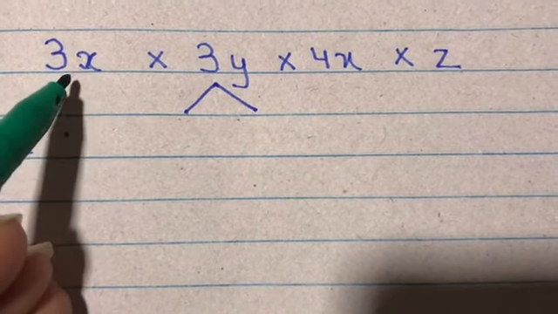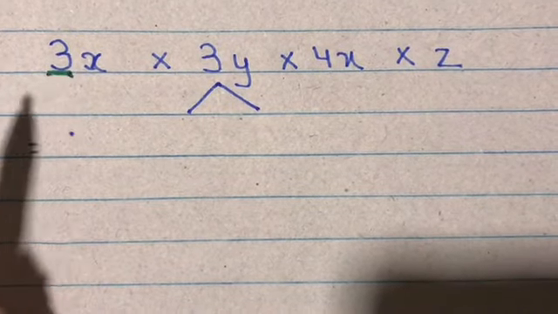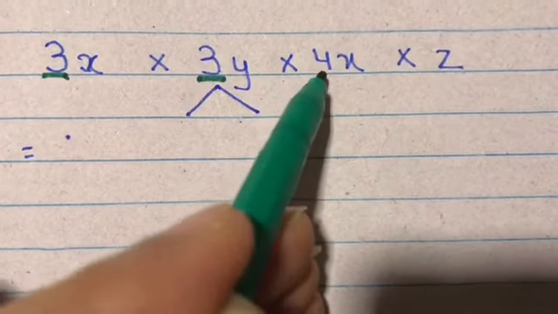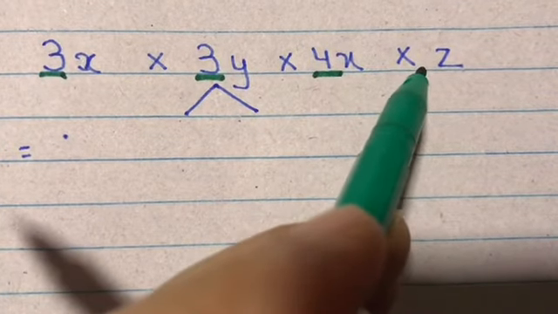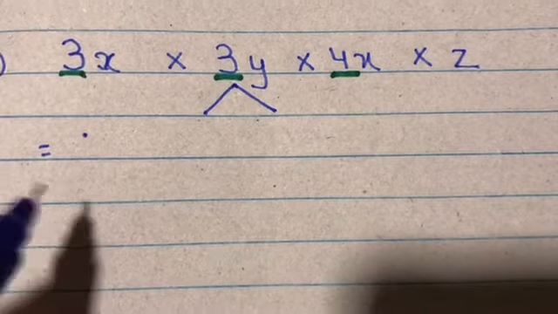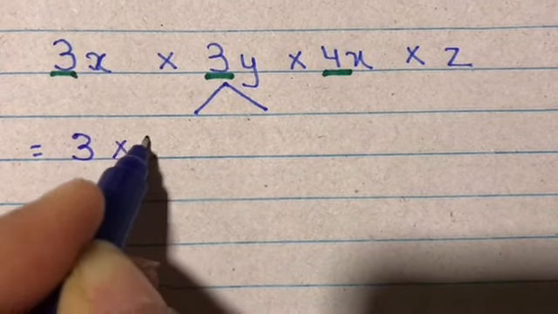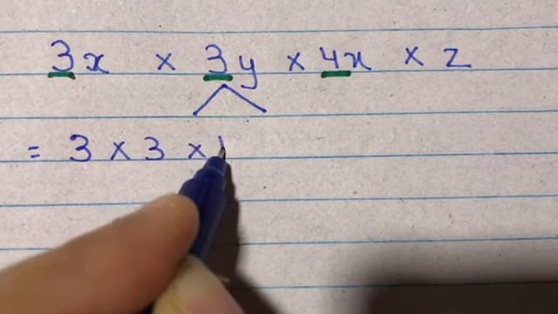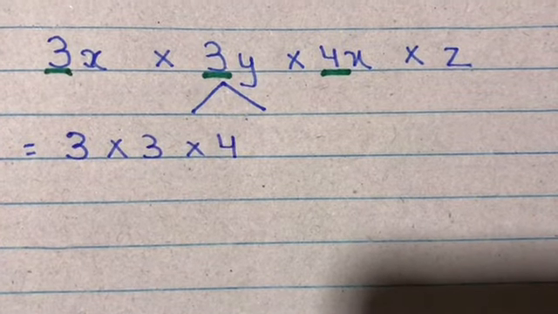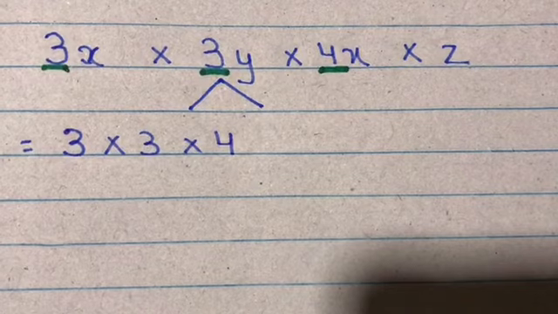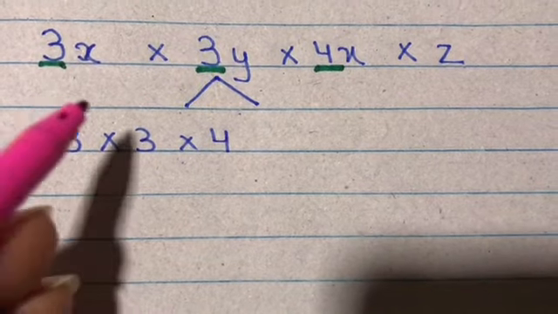Let's write all the numbers first. 3, 3, 4, no number. Okay, so it becomes 3 times 3 times 4. Done with the numbers. Now time to separate the letters.